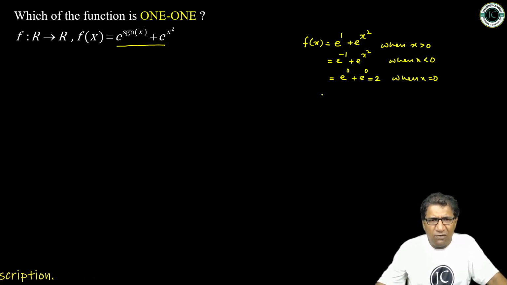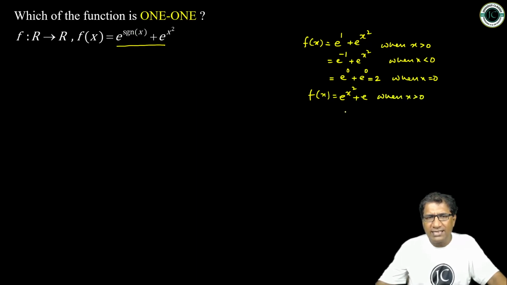Therefore, our redefined function is fx equals e to the power x square plus e when x is greater than 0, e to the power x square plus e to the power -1 when x is less than 0, and this equals 2 when x equals 0.